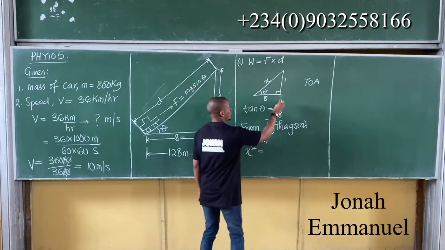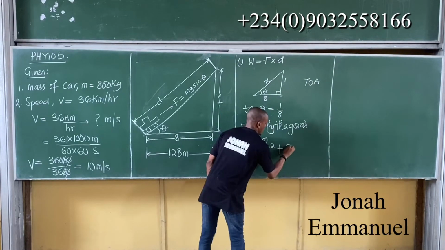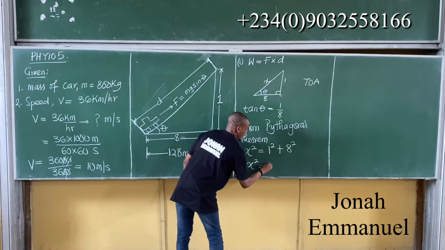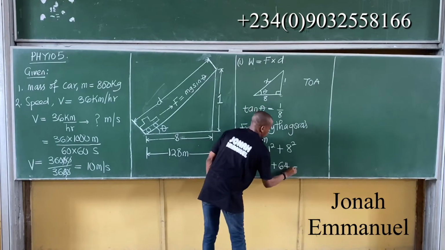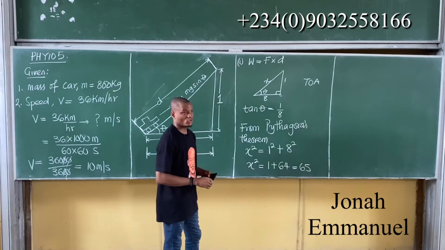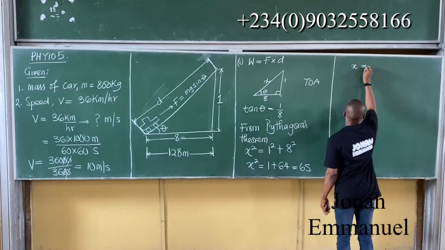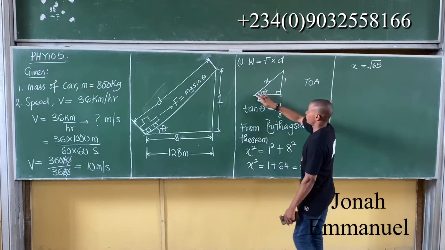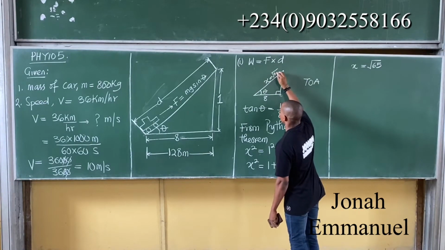So it becomes the sum of this square, 1 squared plus this square, that's 8 squared. So I have that x squared is equal to 1 plus 64, which is 65. So x squared is equal to 65, such that x is equal to the square root of 65. So this value from here to here is equal to square root of 65.